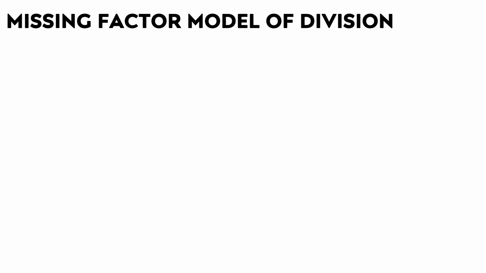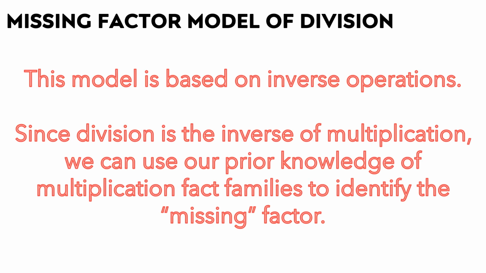The missing factor model of division is where we rewrite a division statement as a multiplication statement. It's based on inverse operations. Since division is the inverse of multiplication, we can use our prior knowledge of multiplication fact families to identify the missing factor.